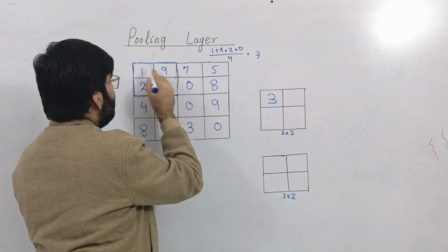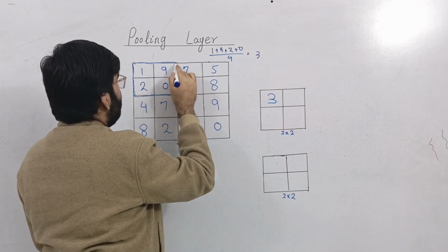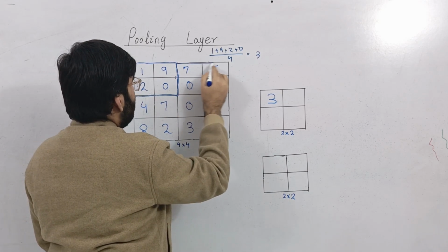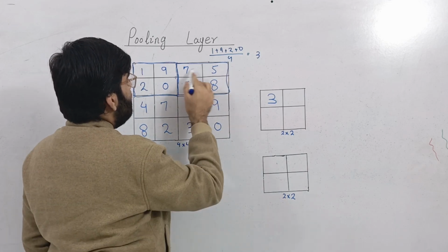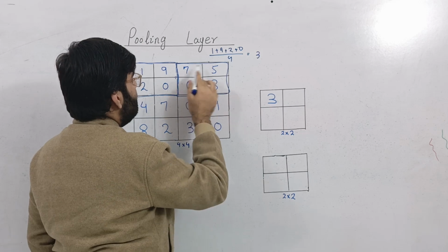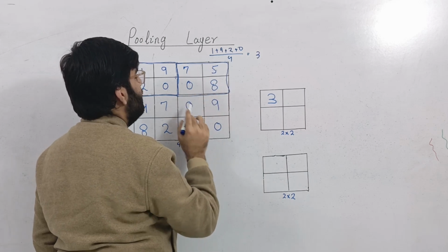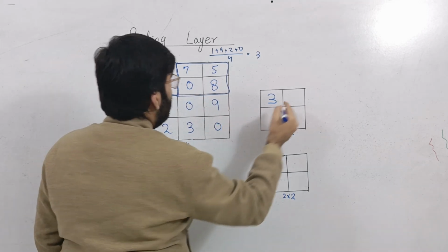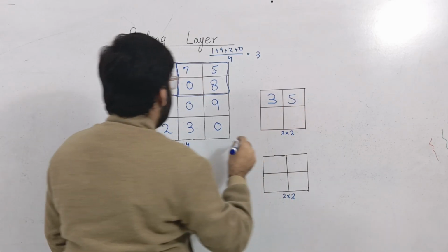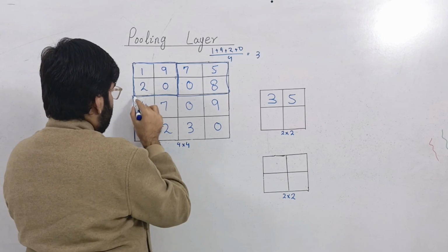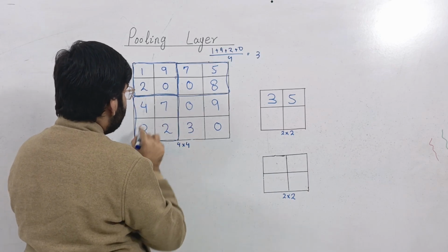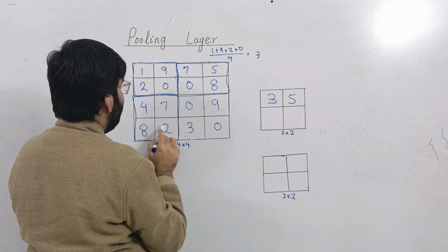Now we move the kernel to the right by a stride of 2 and place it here. The kernel now takes the average of these 4. 7 plus 5 plus 8 plus 0 divided by 4 amounts to 5. Now the kernel is moved here. It takes the average of these 4 values.